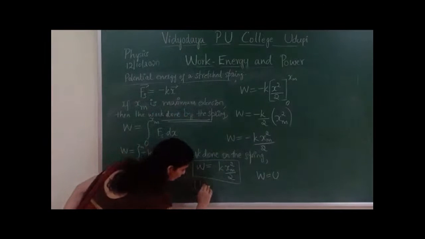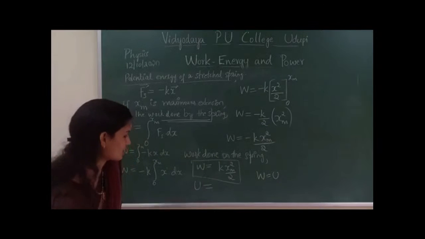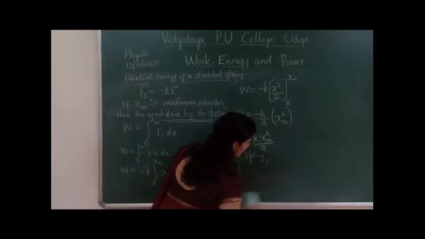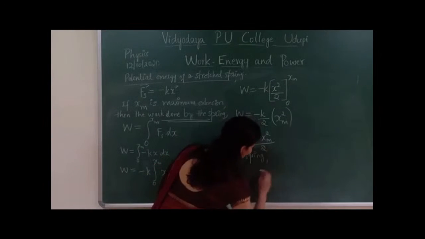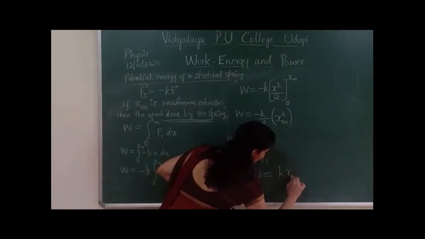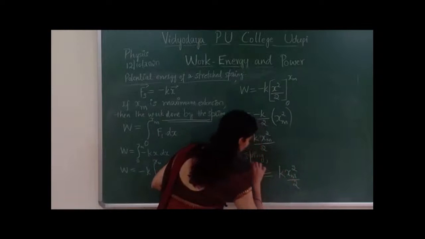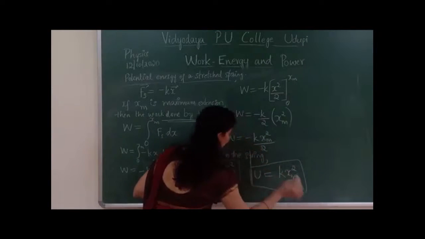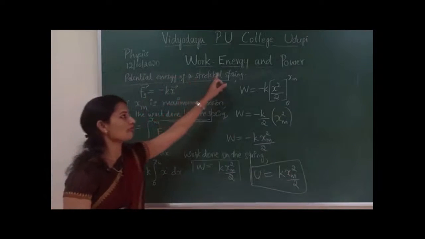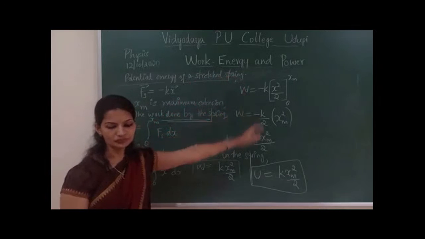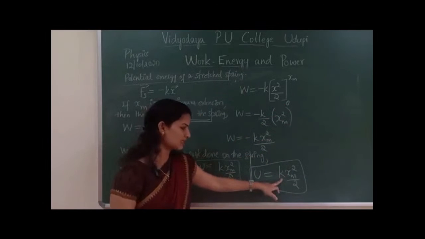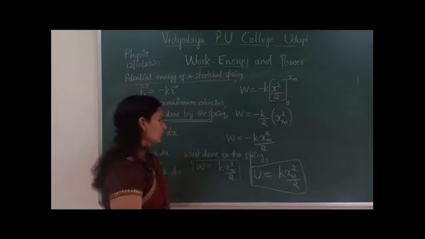So I can write potential energy of the stretched spring is equal to k xm square divided by 2. This is the expression for elastic potential energy, or expression for potential energy of a stretched spring, where xm is the maximum extension and k is the spring constant.